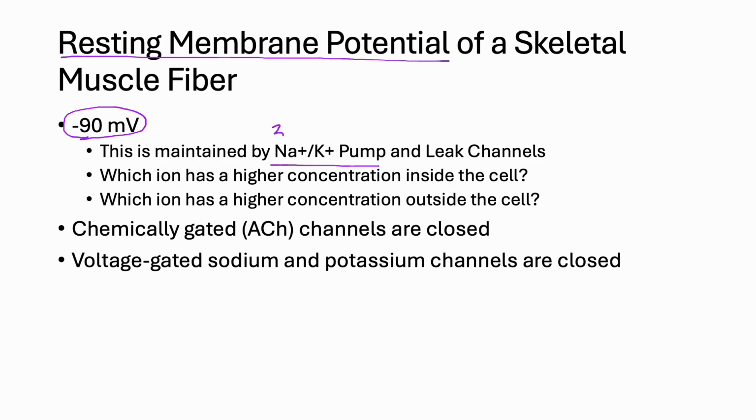The sodium-potassium pump is pumping 3 sodiums out for every 2 potassiums in. Remember, there are also negatively charged proteins inside the cell that contribute to that negative charge. And then there are leak channels that are open that allow a small amount of movement of ions. That's what establishes that negative 90.